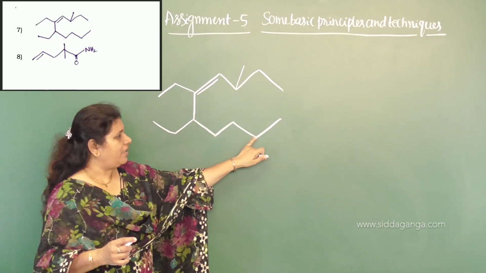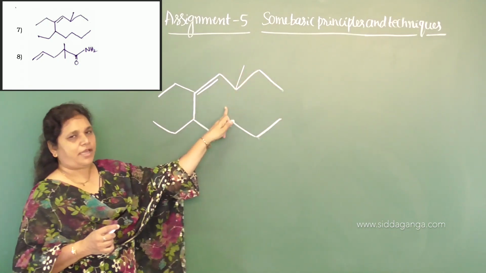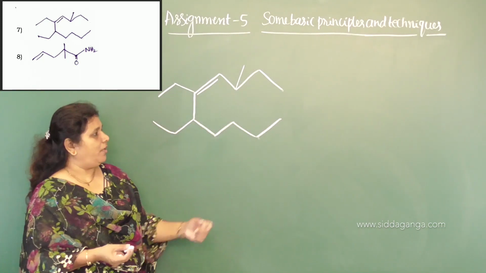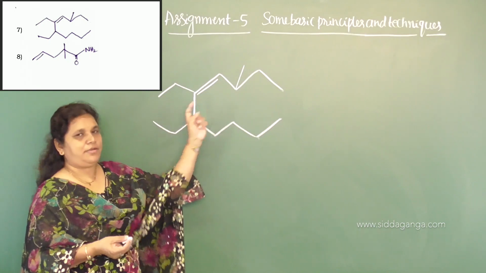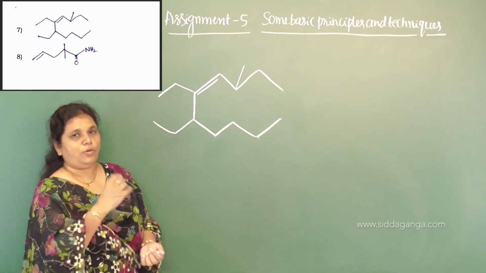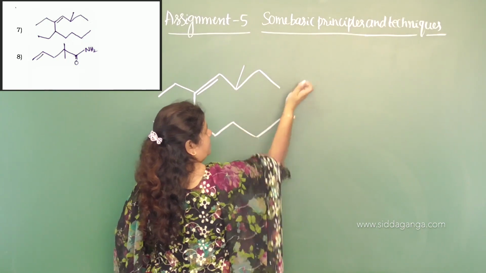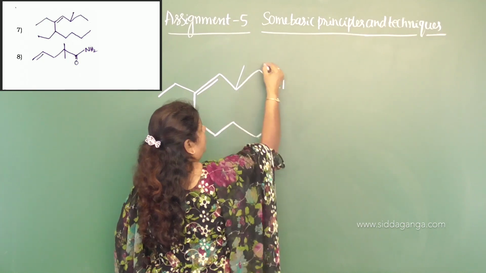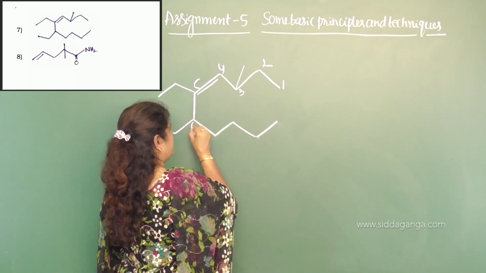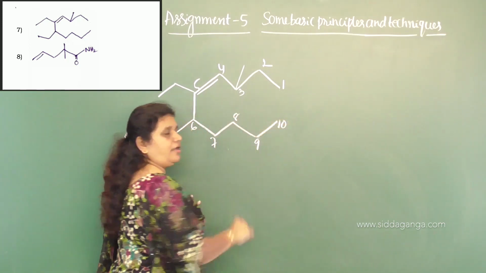While numbering the selected chain, if you give the number from this end, you can give preference to the double bond and the substituent group. But if you give the number from the other end, the locants of the double bond and the methyl group will be more. Therefore, you need to give the number from this end, that is 1, 2, 3, 4, 5, 6, 7, 8, 9 and 10.